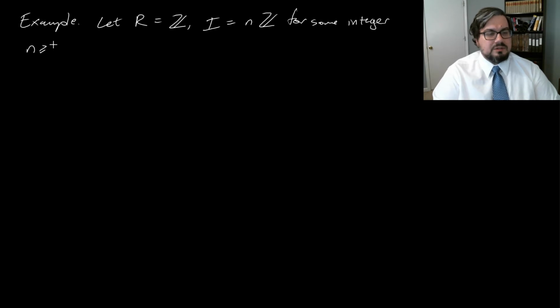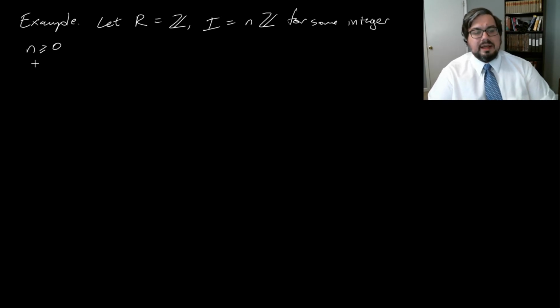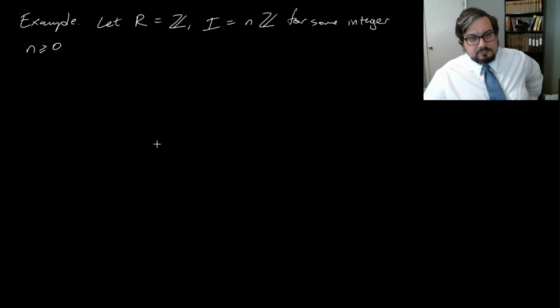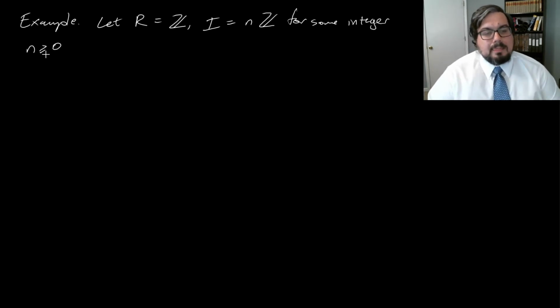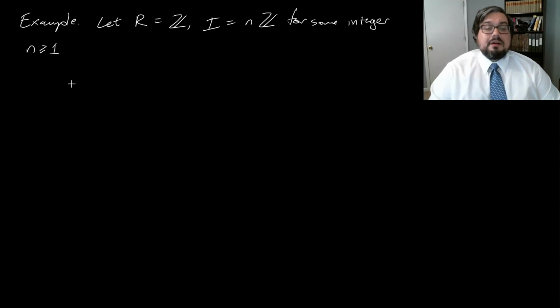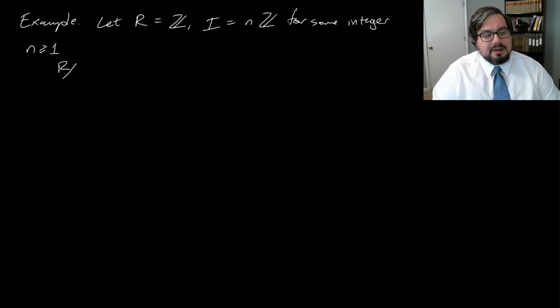Well, let's do n is greater than or equal to 0. Will work. Now we do need n is greater than or equal to 1 for part of what I'm about to do. We know that I is an ideal. We've already seen this. So let's look at what the factor group R mod I looks like.